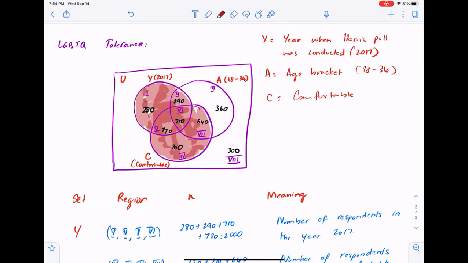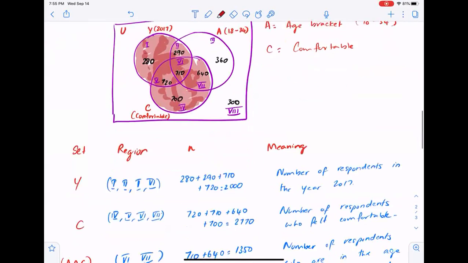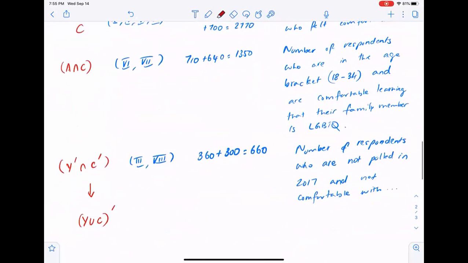Well, naturally, we can say that will correspond to regions number 3 and number 8. The correct meaning or the easier meaning is the one we wrote.